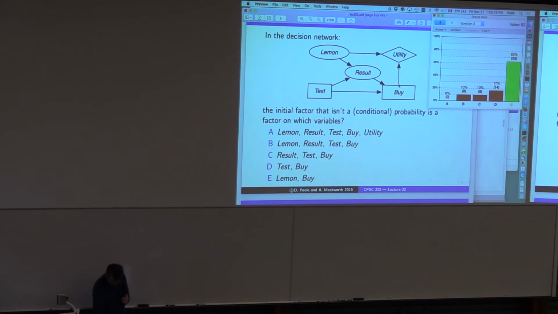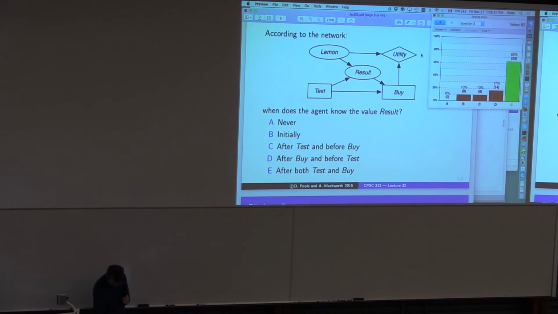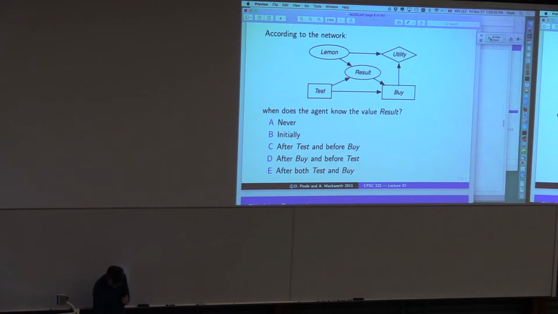All right. So, next one. This is now different. The last one was the same as last time. Here's a new one. According to this network, when does the agent know the value of result?